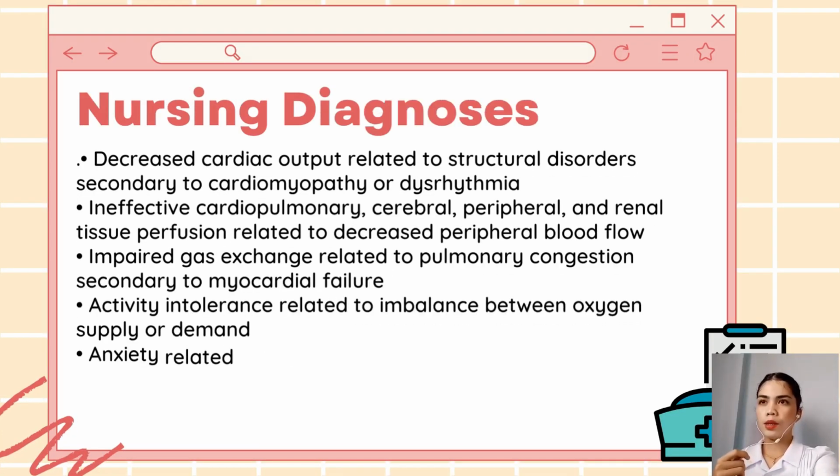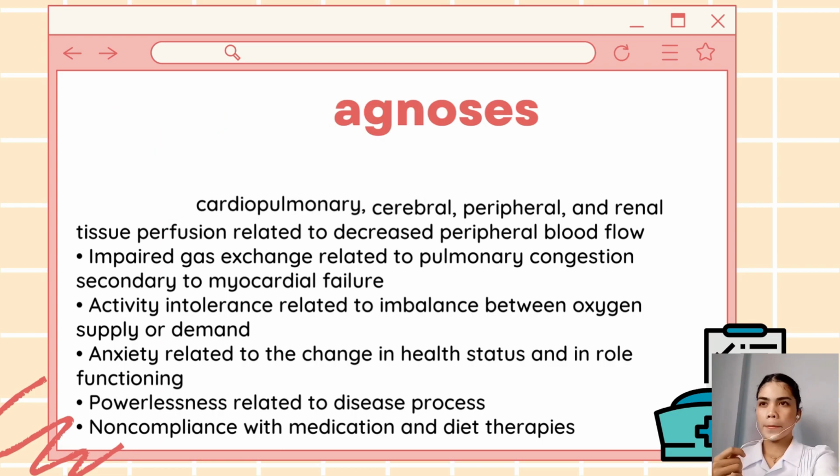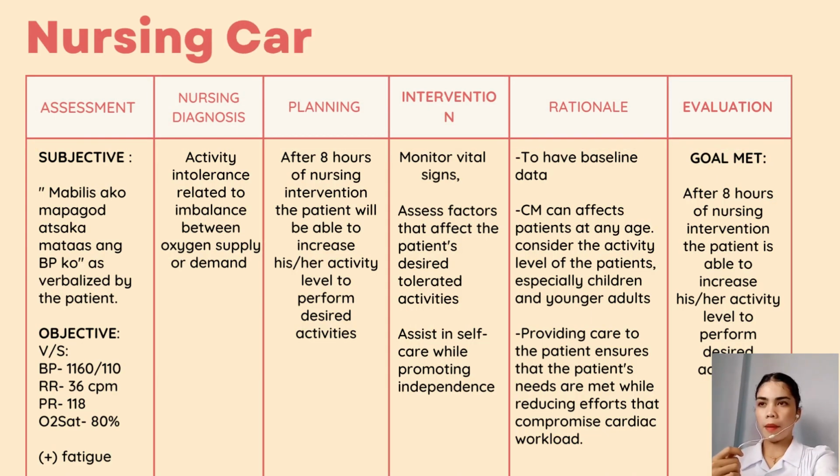As you can see, we formulated a nursing care plan about activity intolerance related to imbalance between oxygen supply and demand. So in our subjective data, which belongs to assessment data, is "Mabilis ako mapagod tsaka mataas ang BP ko," as verbalized by the patient.